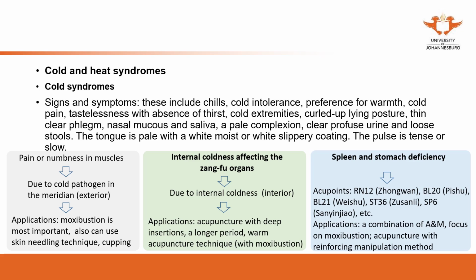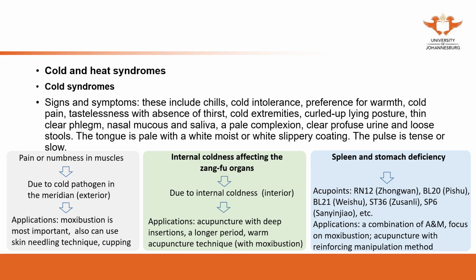Pulse tense or slow. Why can the tongue be moist or slippery? This is because the coldness may result in water retention in the body. The coldness does not consume body fluid, so the patient may present with excess water retention.